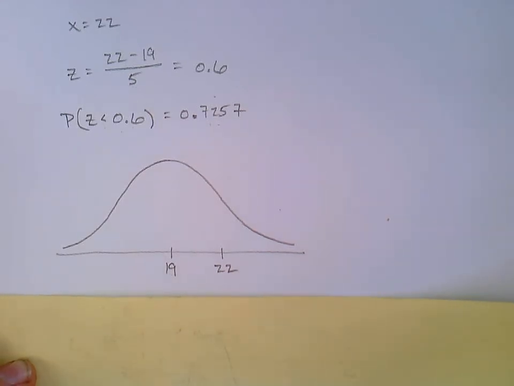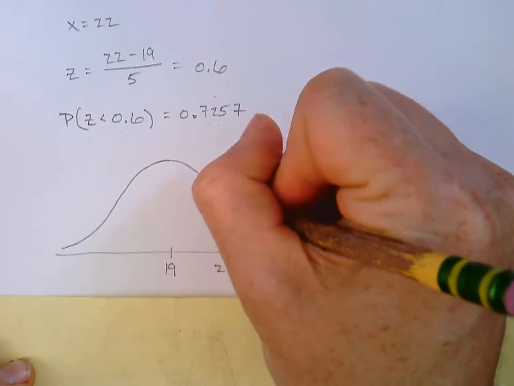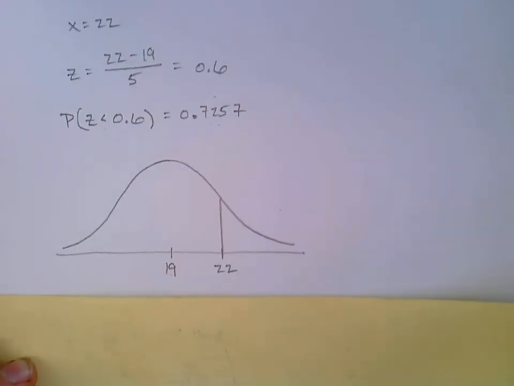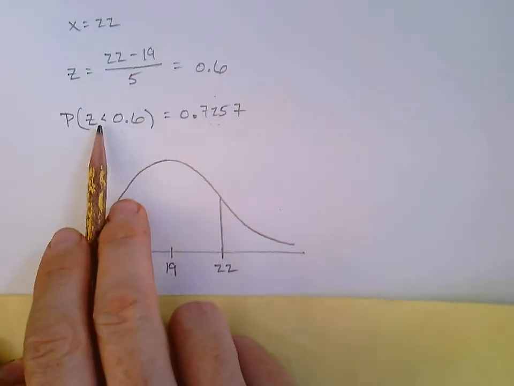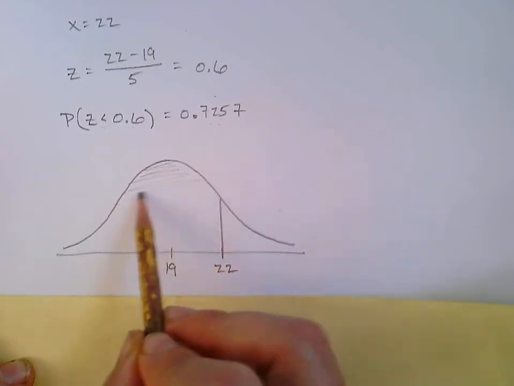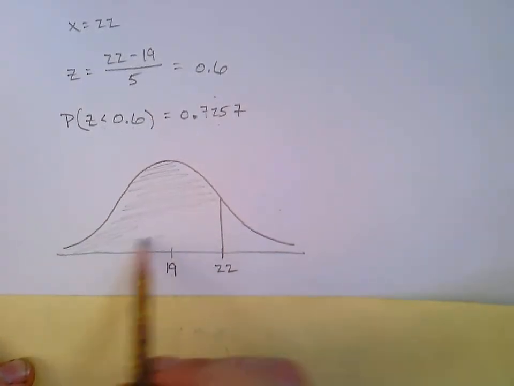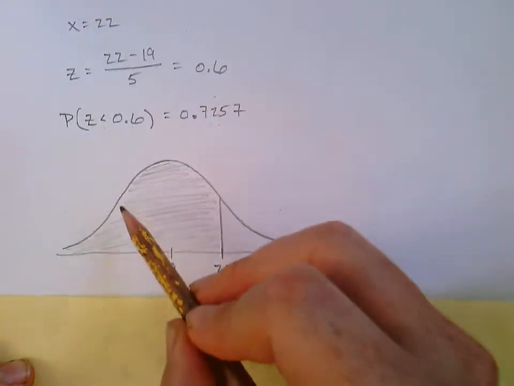And now we're going to label, we've kind of labeled things already, but now we're going to shade it. So I'm going to draw a line right there at the data value 22. And I'm going to shade everything less than, right? We're doing a less than in this problem. So everything less than that line inside the bell curve gets shaded. Okay.